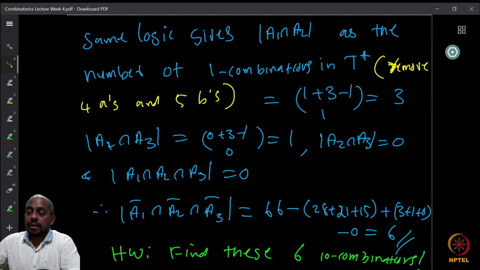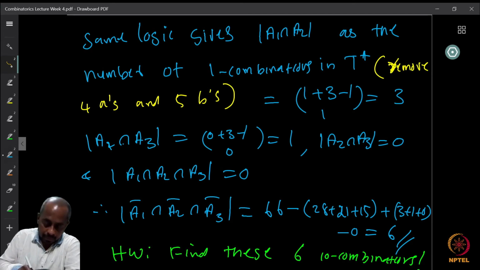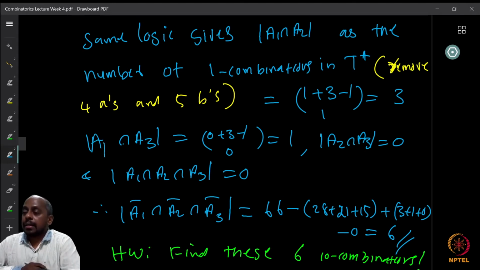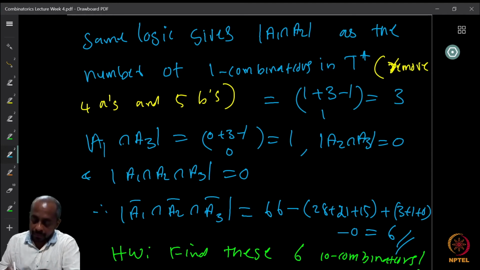Similarly, we can find A2 intersection A3, then it will be 1, and A1 intersection A3 to be 1. I think I made a writing mistake here. So this must be A1 intersection A3, and then A2 intersection A3 is 0, and A1 intersection A2 intersection A3 is of course 0.